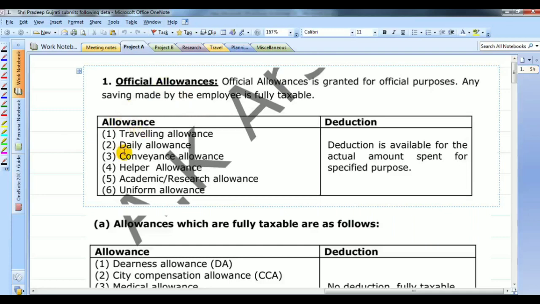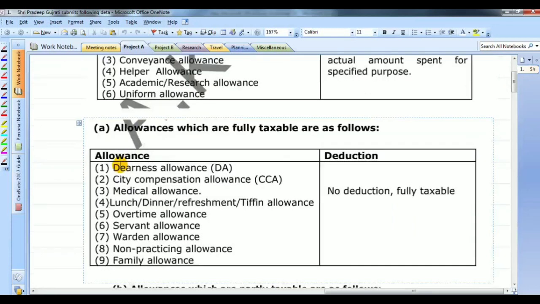Besides these official allowances, there are certain allowances which are not of official nature. They are given here as follows: allowances which are fully taxable. Okay, here no deduction is allowable for these allowances.